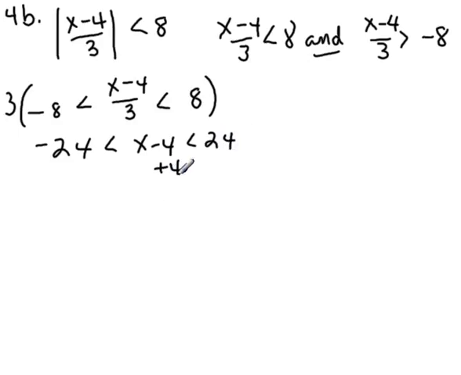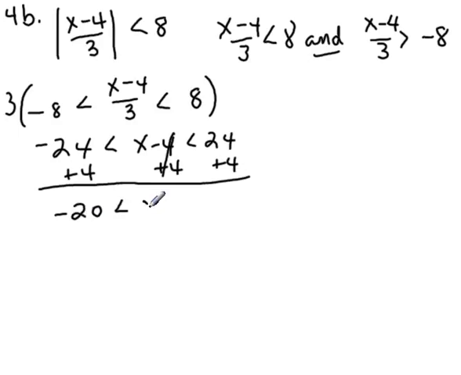Now I'm going to add 4 to all three sides. We did that on a previous problem where we had a compound inequality. The minus and plus 4 here cancel. Negative 24 plus 4 is negative 20 is less than x, which is less than 24 plus 4 is 28.